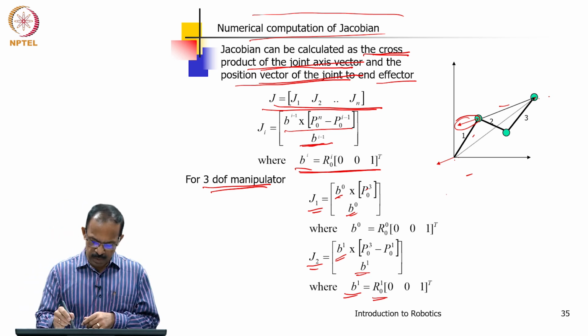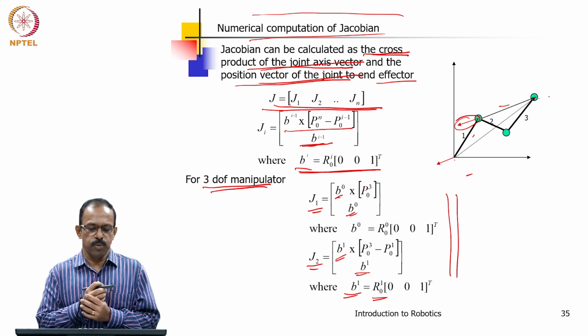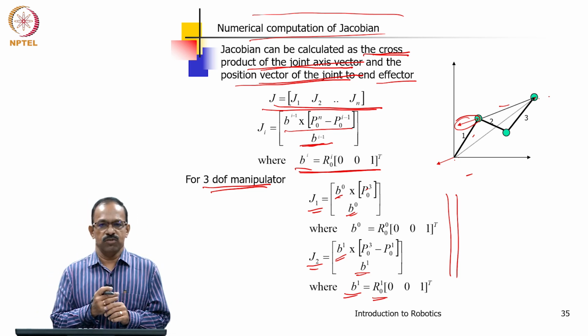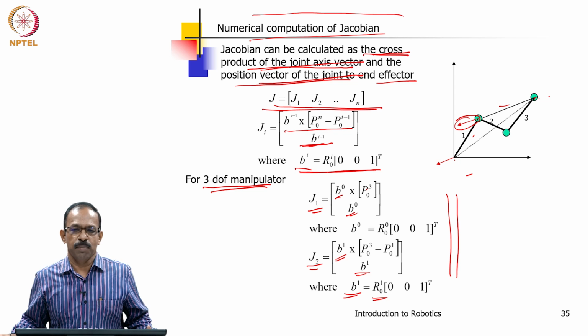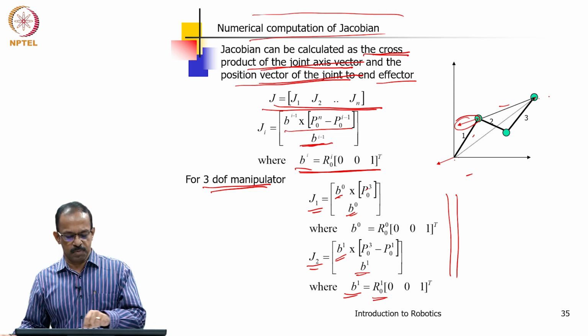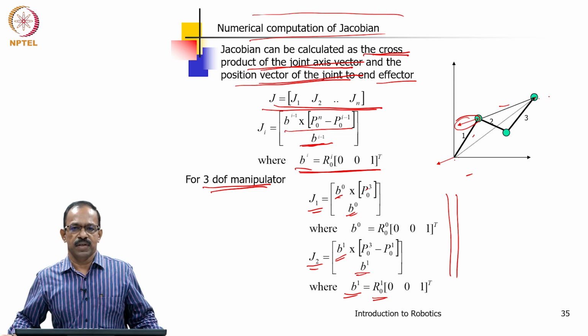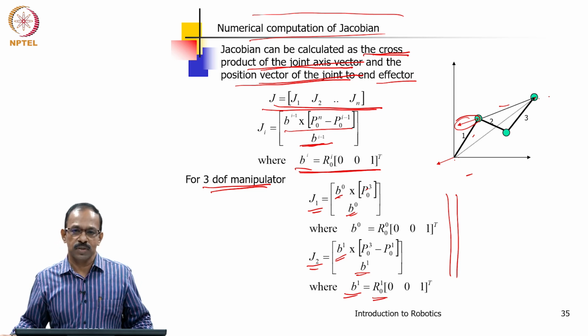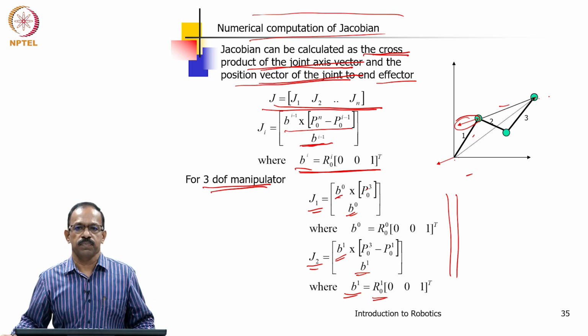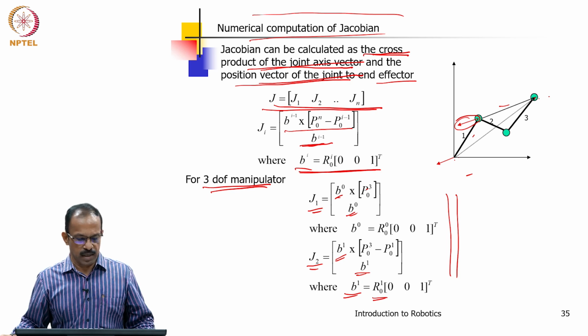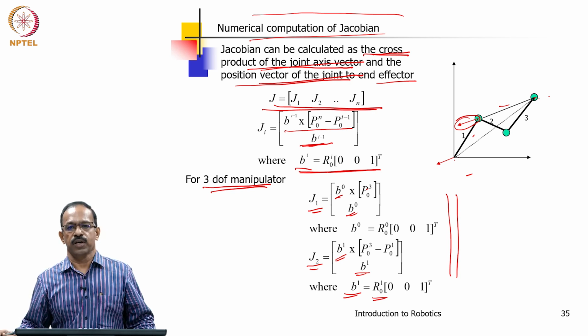So, this way you will be able to compute the Jacobian numerically. So, now you do not need to do the partial differentiation, take the cross product and get the values using these methods. So, that is the way you get the numerical computation of Jacobian.